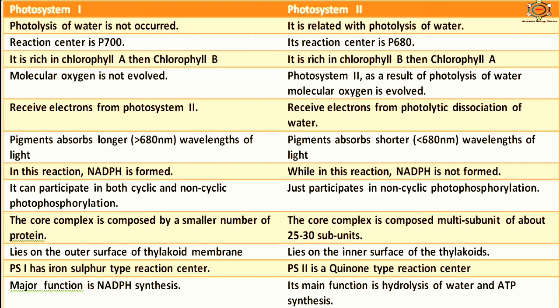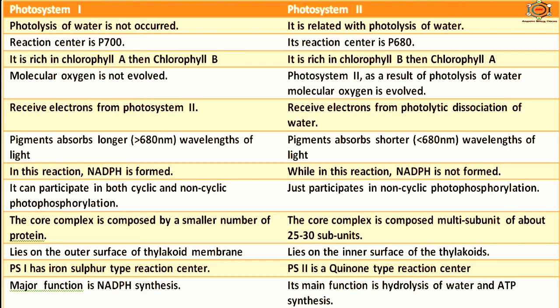In photosystem first, the reaction center is P700, while in photosystem second, the reaction center is P680. Photosystem first is rich in chlorophyll A rather than chlorophyll B, while photosystem second is rich in chlorophyll B rather than chlorophyll A. In photosystem first, molecular oxygen is not evolved, while in photosystem second, as a result of photolysis of water, molecular oxygen is evolved.